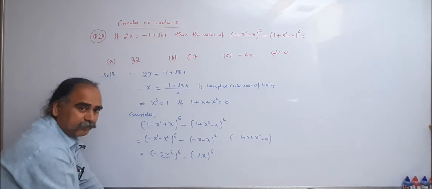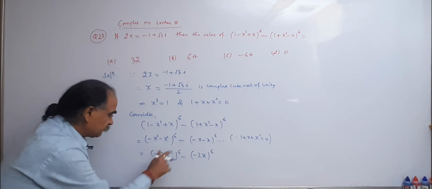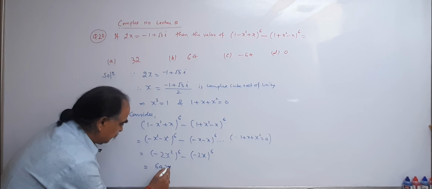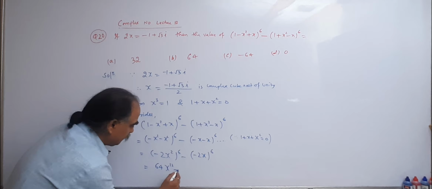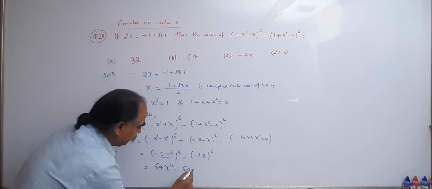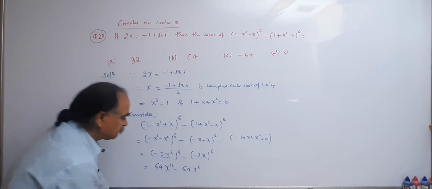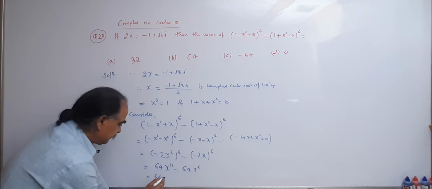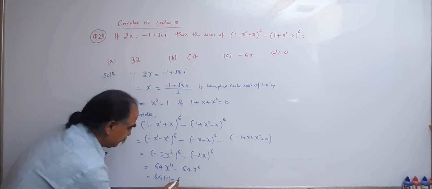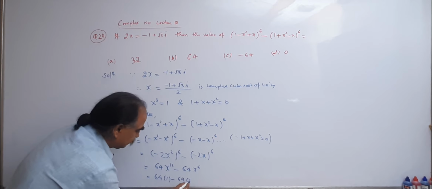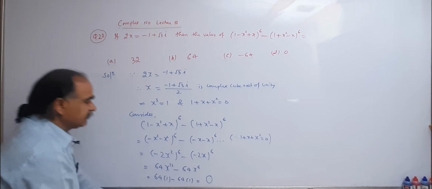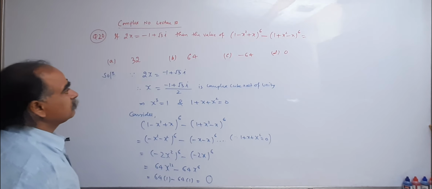Minus raised to 6 is positive. 2 raised to 6 is 64. x raised to 12 minus 64x raised to 6. X raised to 12 is 1. X raised to 6 is also 1. Will give you 0. The answer is D.